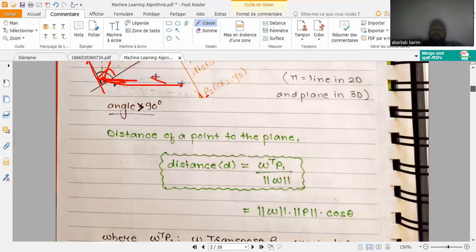The whole idea of that is to find a distance, the distance for each point. The distance from point to plane: the distance D is equal to W transpose P divided by the magnitude of W, equal to the magnitude of W times the magnitude of P, the point, times cos of theta.